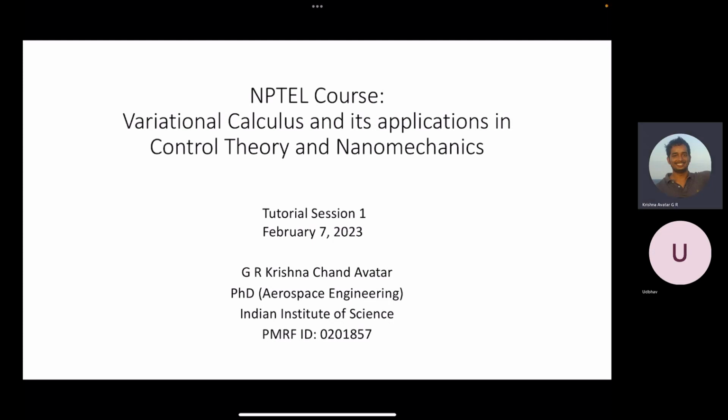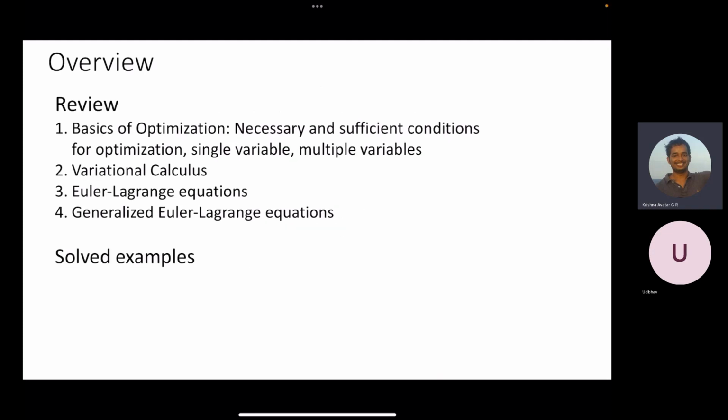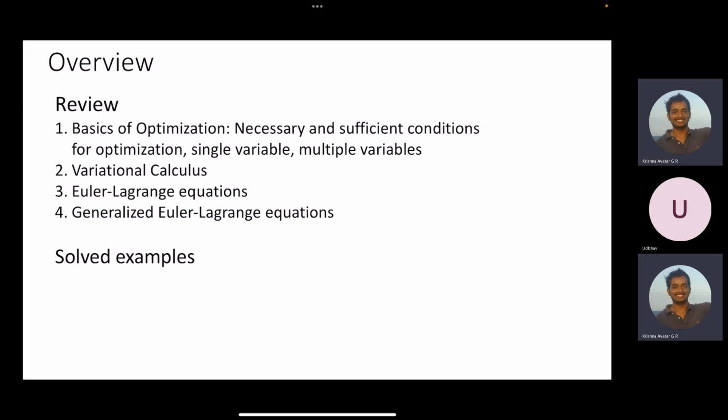I would be discussing mainly the basics of optimization principles and the variational calculus and the necessary and sufficient conditions for optimization, the basics of variational calculus, as well as how to derive Euler-Lagrange equations, followed by generalized Euler-Lagrange equations.